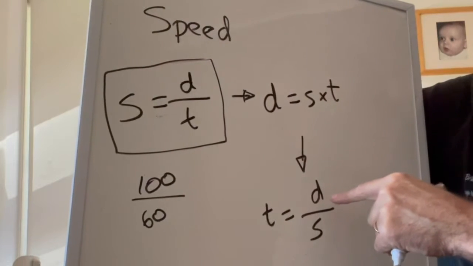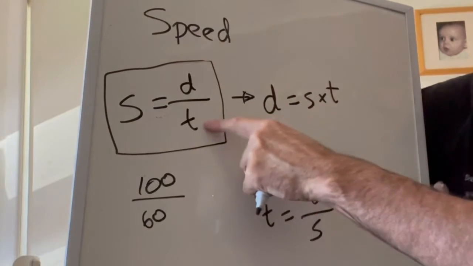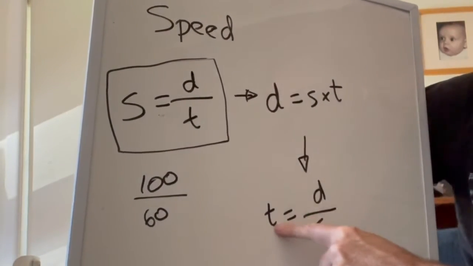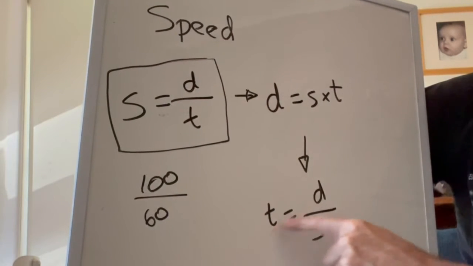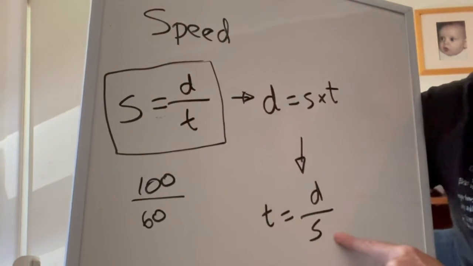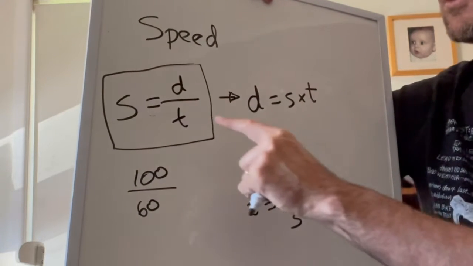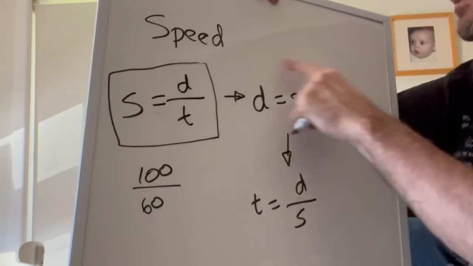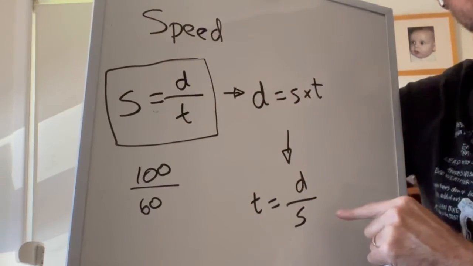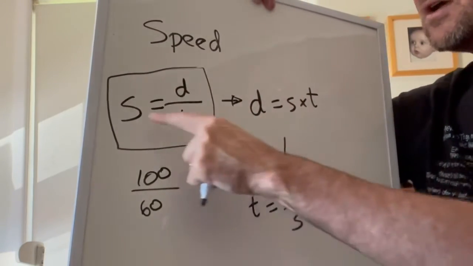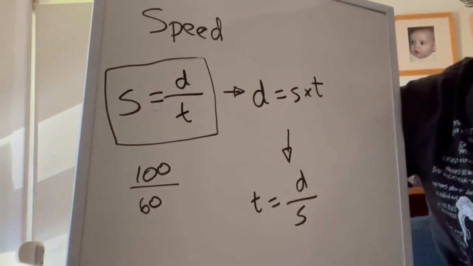We can manipulate it similarly by taking the T and putting it out at the front, and then the S replaces the T, so time equals distance divided by speed. You'll be given this one, but you need to know how to form it into these other ones in order to solve for these values, depending on the question you're given.